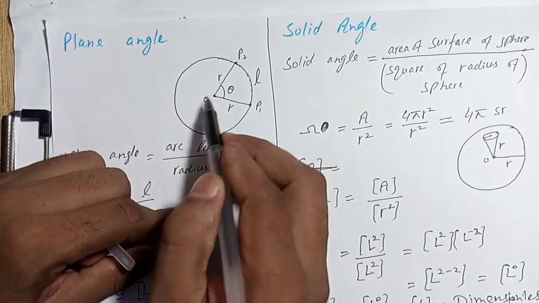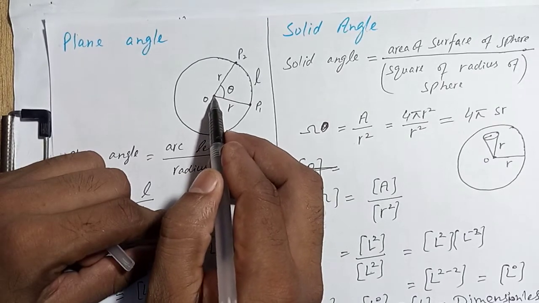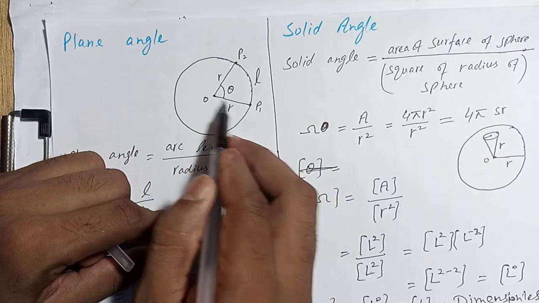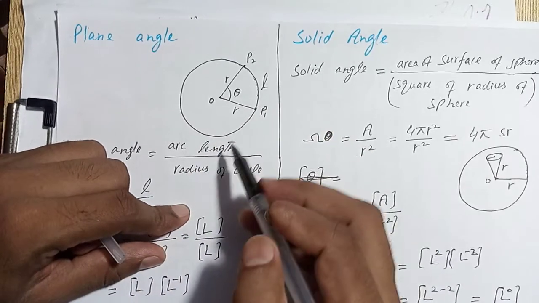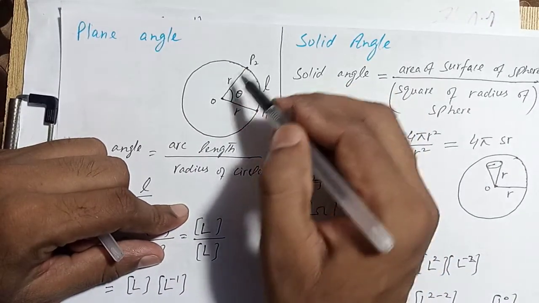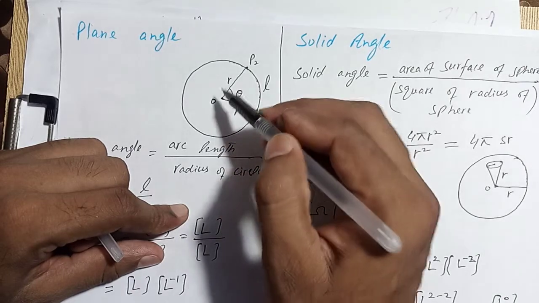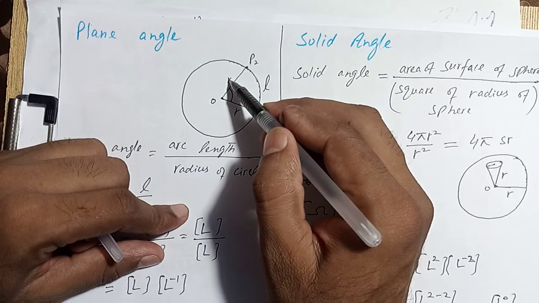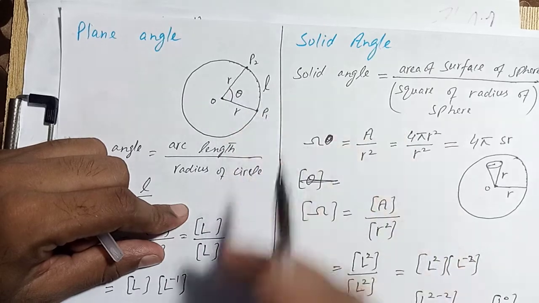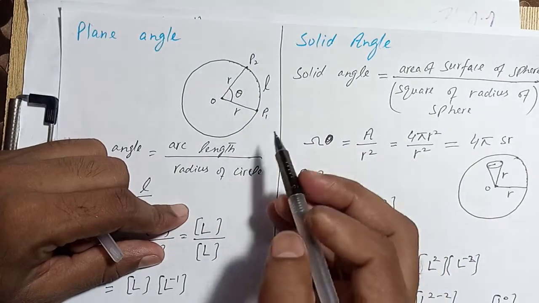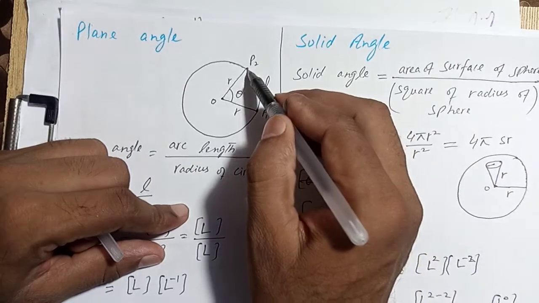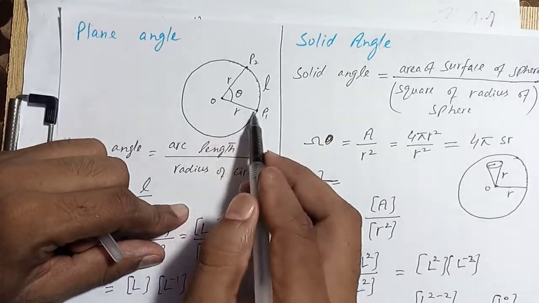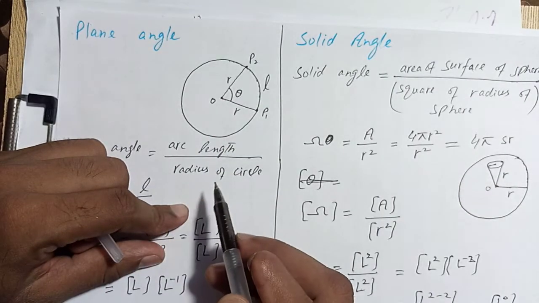If we join the center of the circle to point P1, it becomes the radius R of this circle. Similarly, if we join point P2 with the center O of the circle, this line also represents the radius, denoted by R.